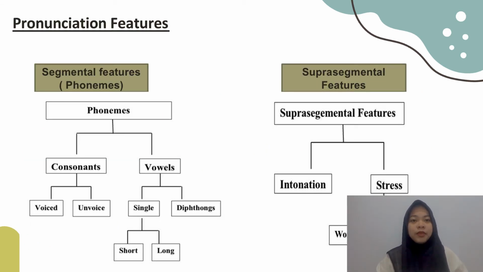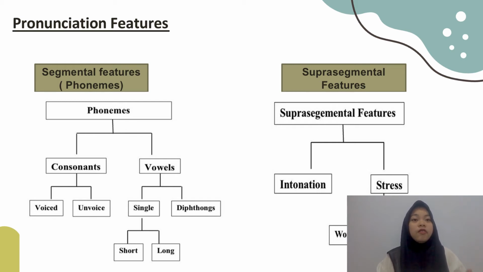Pronunciation features. According to Kelly, 2001, there are segmental features or phonemes, and suprasegmental features. Phonemes are divided into two parts, consonants and vowels. Consonants are divided into two parts, voiced and unvoiced.